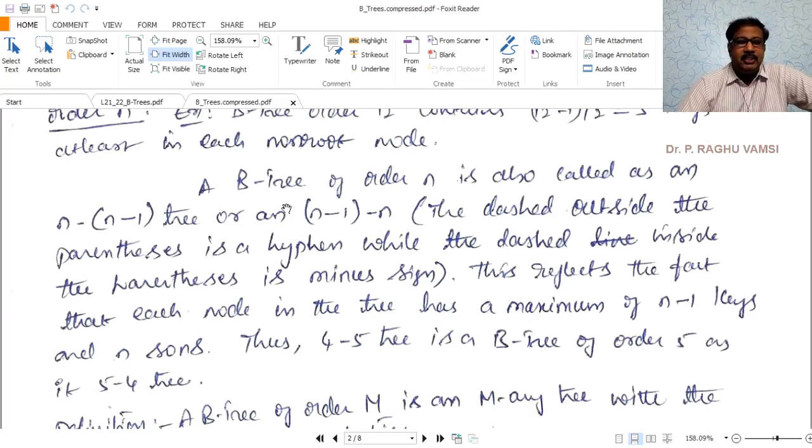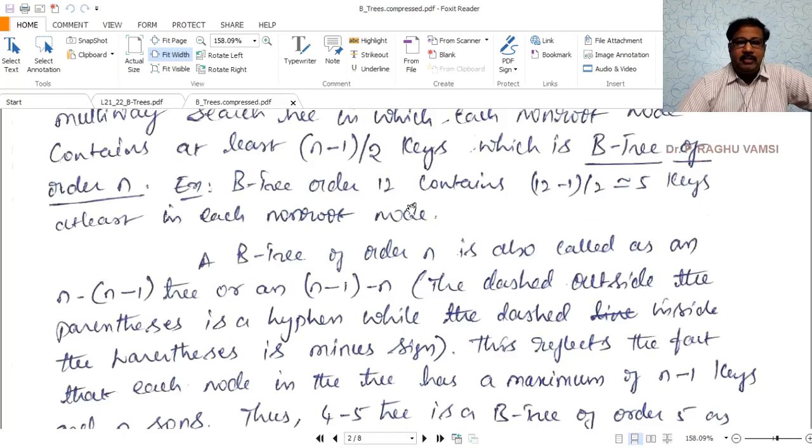What is the meaning of this? If the B tree is of order 12, then it is also called a 12-11 tree or 11-12 tree. This is the representation you will find in some other textbooks, where the B tree is defined like this.